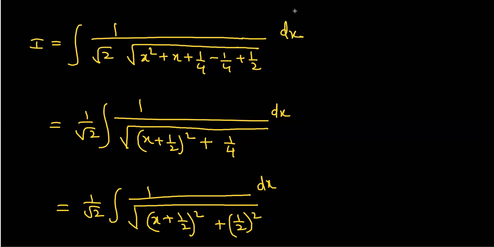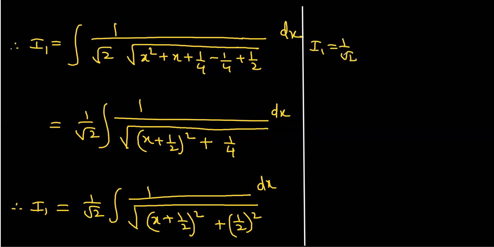What result? The result where we have integral 1 upon square root of variable square plus constant square. So this was actually I1, therefore I1 is 1 upon root 2, and which result am I going to apply? I am going to apply the result 1 upon square root of variable square plus constant square.